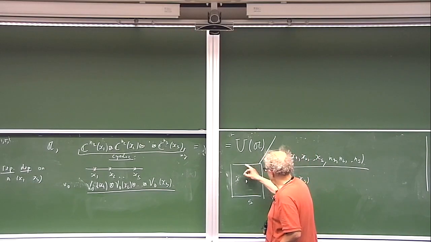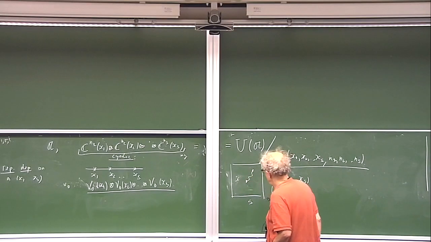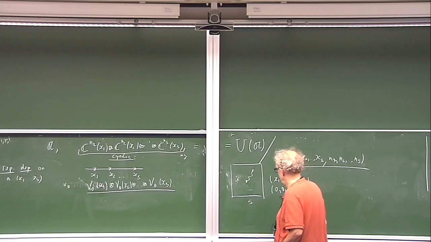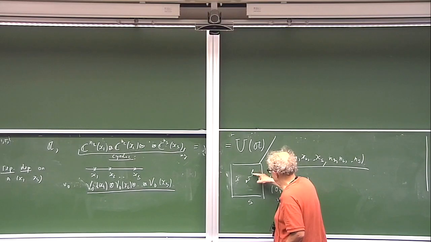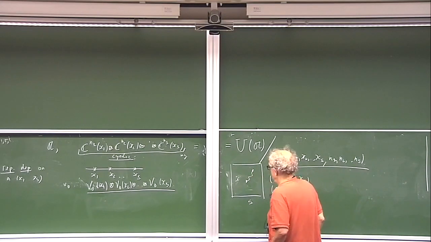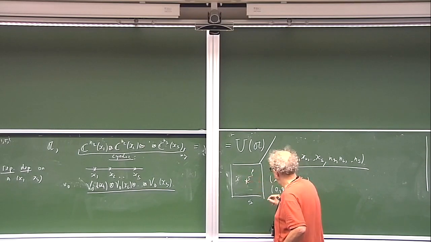Then in the vector space of parameters, I can choose some way where x1, x2, and so on, xs depend on a parameter t on a line, and it is going to 0.